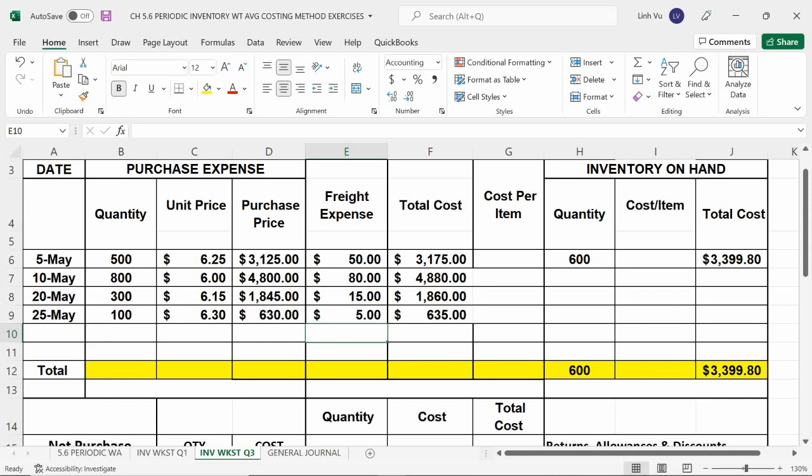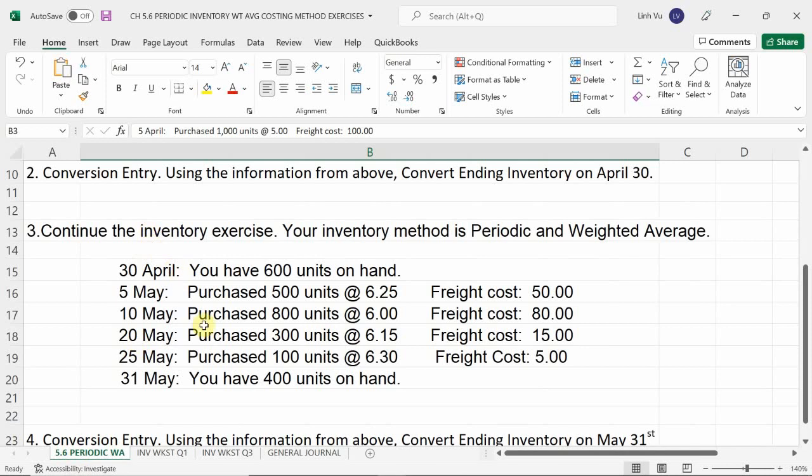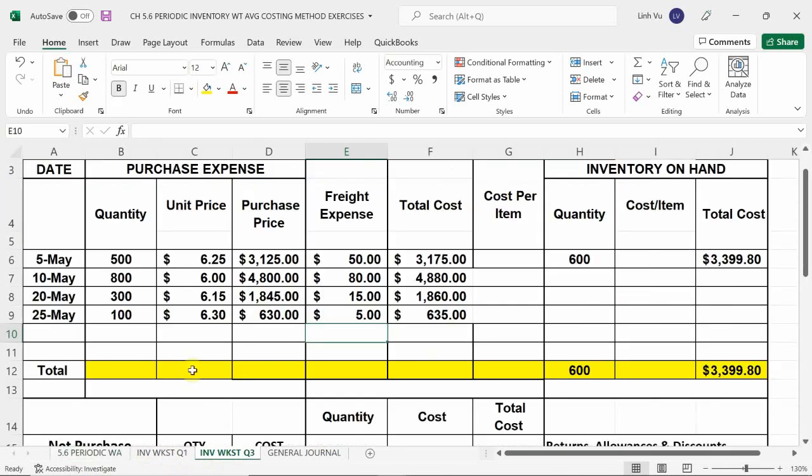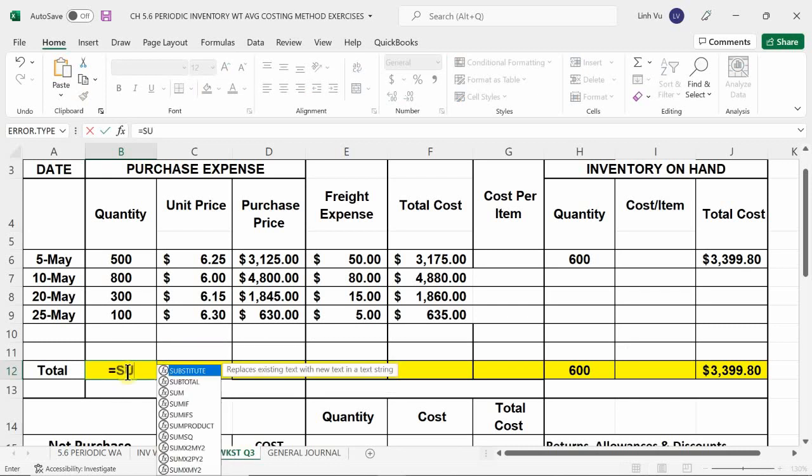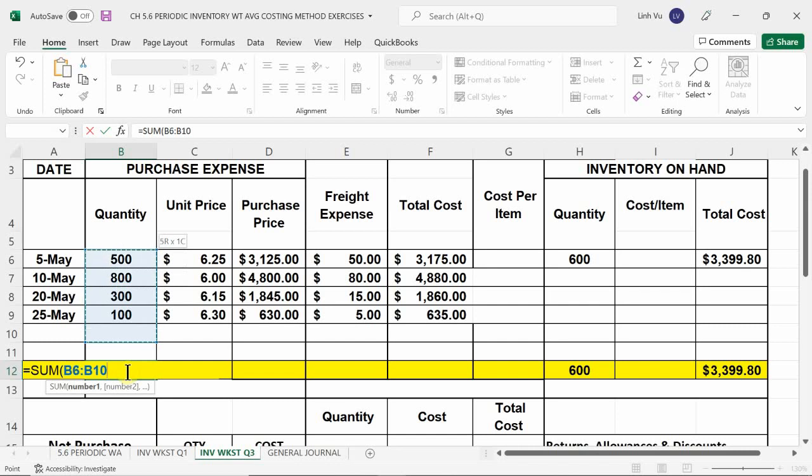So now that we reach the end of our accounting period here, because May 31st tells us that we have a total of 400 units on hand. So in this case, we need to tally up our totals. What was the total amount of items I purchased? $10,400.